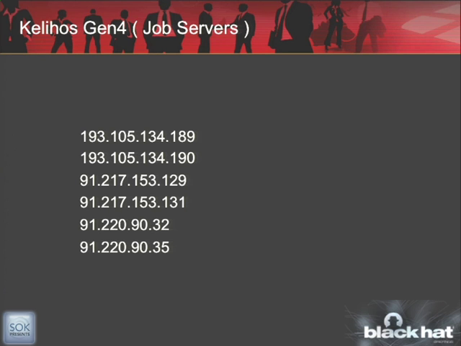You can get all those binaries directly from those job servers. You can just wget /RTC003.exe and get the latest Kelihos binaries. Like I said before, all the important information is stored on the job servers. The C&C server is just a controller to update those binaries onto the job servers, and then the bot will get the update.